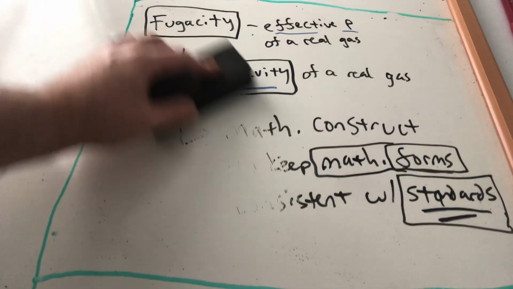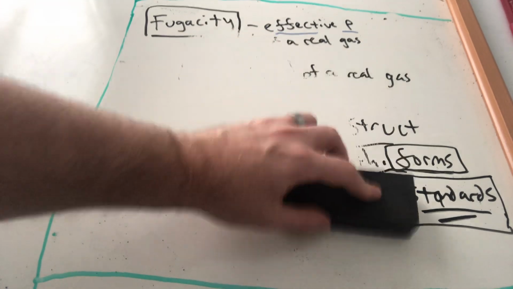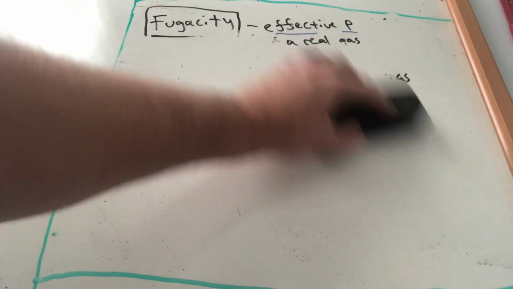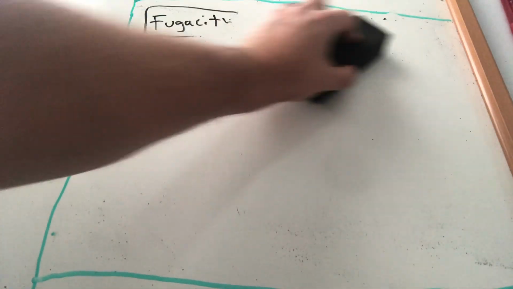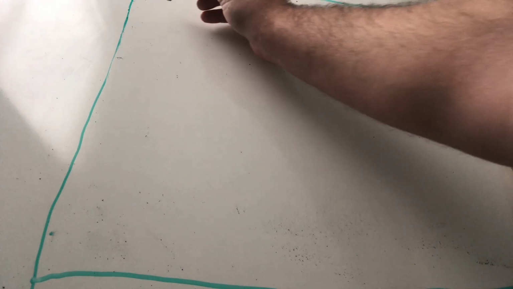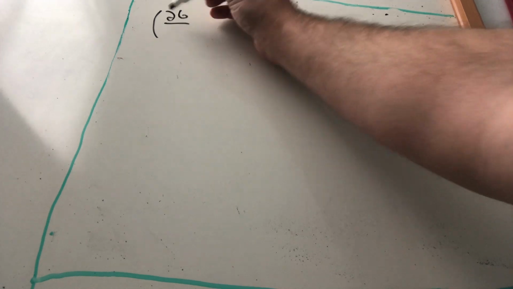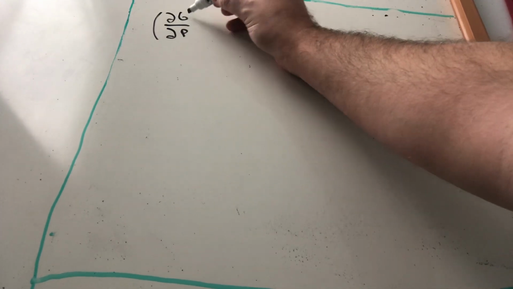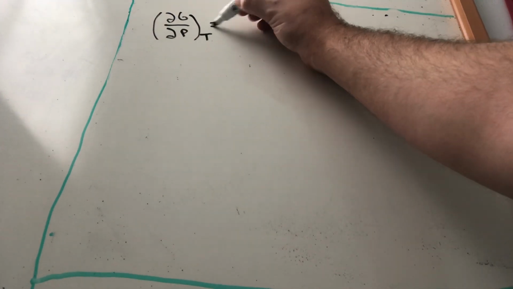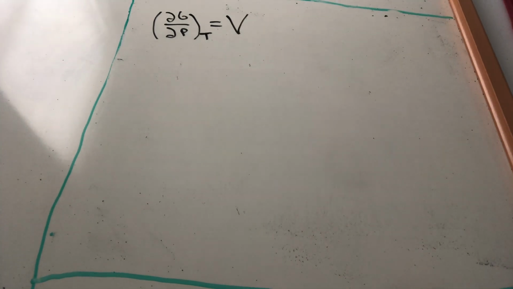So again, it is a complicated idea, but we're going to try to drive the idea home by looking at a simple example that starts with a natural variable relationship that hopefully you were able to derive yourself. So our discussion of fugacity starts with partial G, partial P at constant T being equal to the volume.